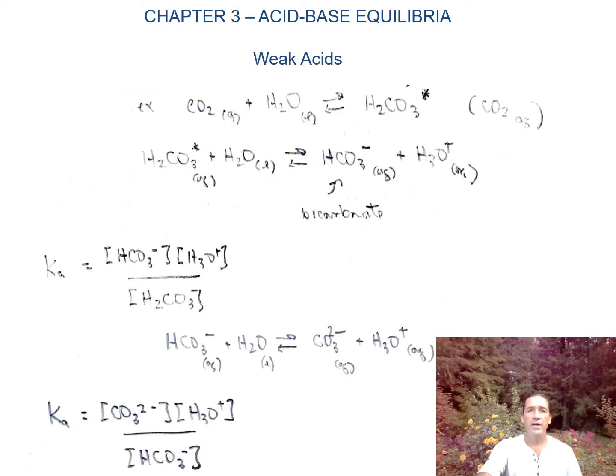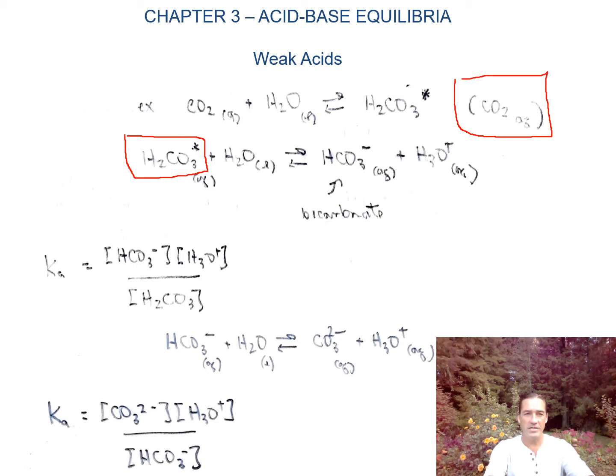So let's look at an example of a weak acid. The weak acid that we will primarily study is carbonic acid. Carbonic acid is essentially aqueous CO2. This is how we express aqueous CO2 in solution as carbonic acid.